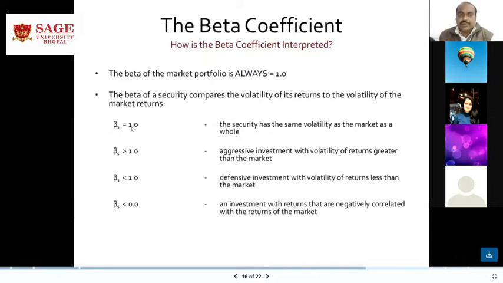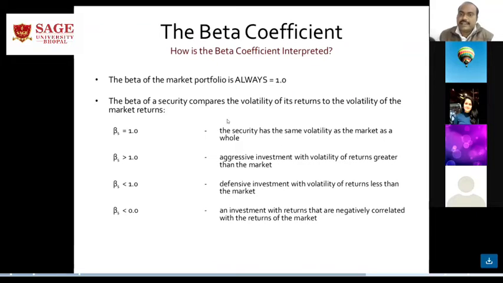If beta is equal to 1.0, what is it saying about? The security has the same volatility as the market as a whole. And if beta is greater than 1, it is saying it is an aggressive investment with volatility.